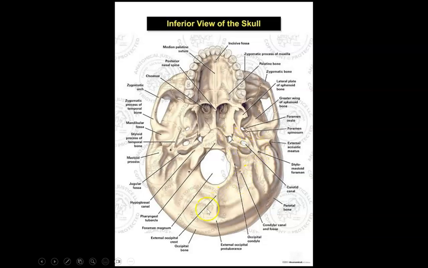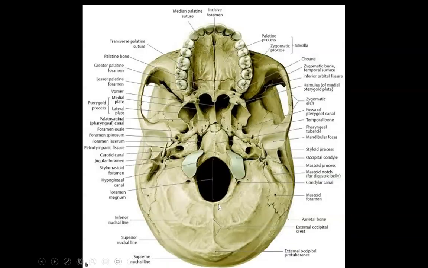Of course, this is the external occipital protuberance, very important, and the superior nuchal line. This is the inferior nuchal line. Again, from below, medial pterygoid, pterygoid hamulus. If you see here, the medial pterygoid is forming the lateral boundary of the choana.